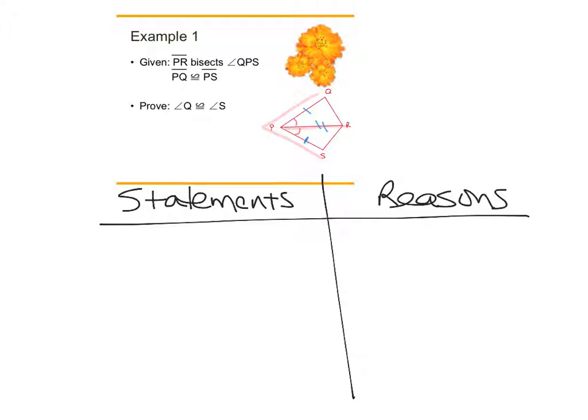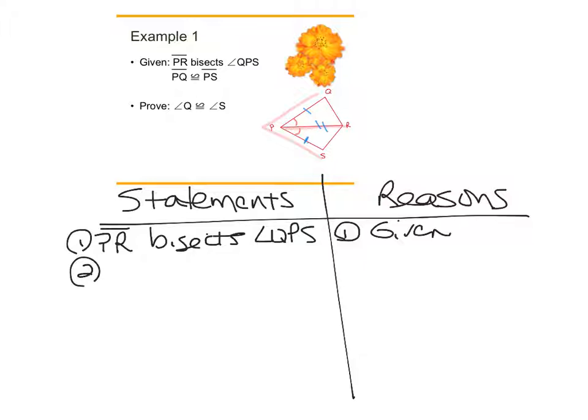We're going to start first by listing all our given stuff. So we're given that PR bisects angle QPS. And that's given.